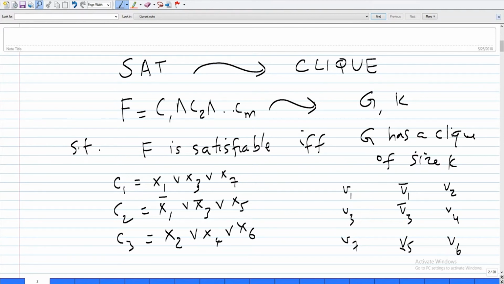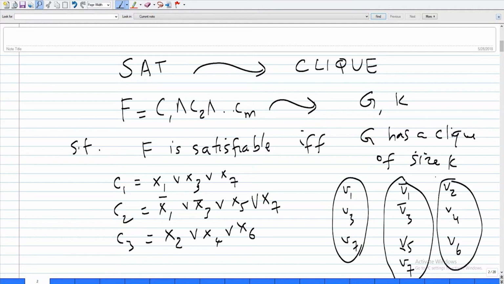So, I am going to construct a graph with these vertices. Even if V1 appears again somewhere else, let us say x7, then I will also have a V7 here, multiple copies of a vertex. This is my entire vertex set.